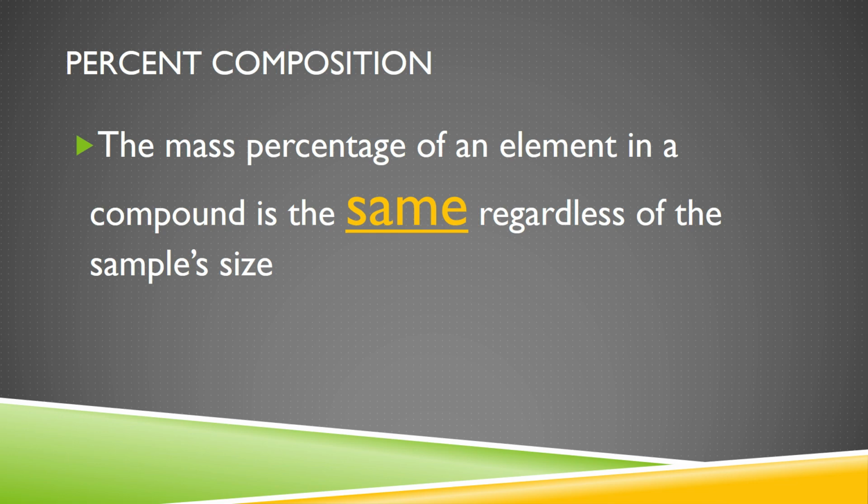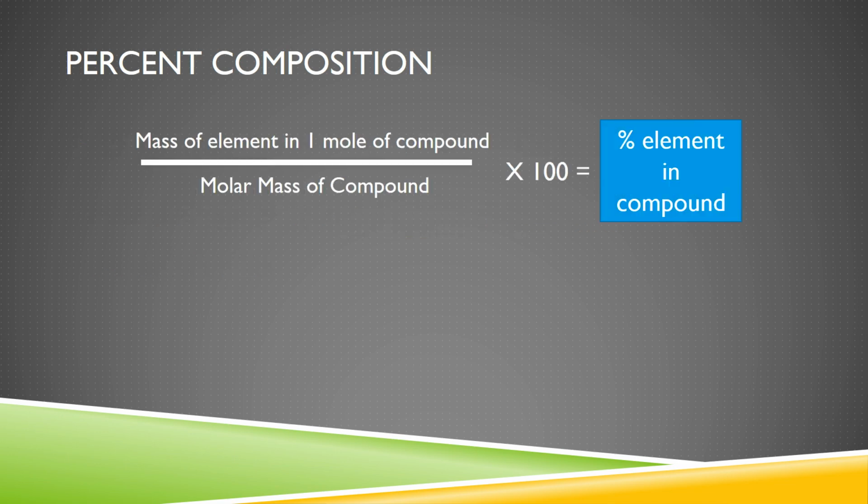All right. So here is the ultimate formula for doing this. When we look at a chemical formula, we're going to take the mass of that element in 1 mole of the compound divided by the molar mass of the compound.